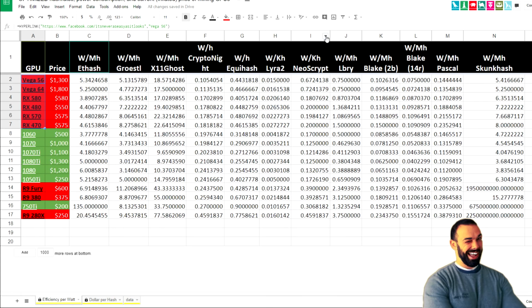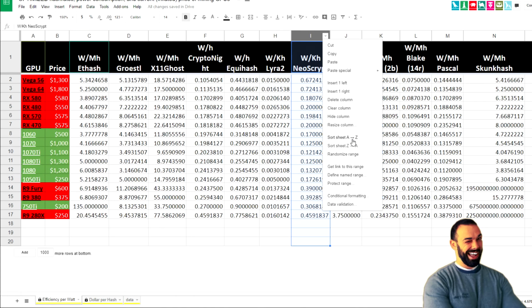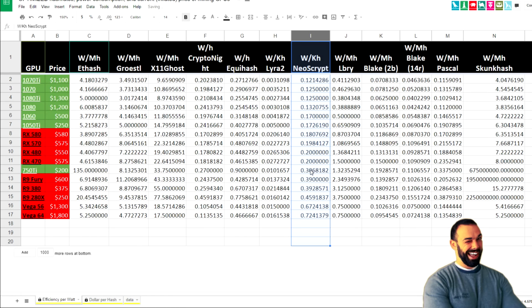So let's start with NeoScrypt and then make our way over in this list, in efficiency per watt. With NeoScrypt, I'm going to sort right there, A to Z. Again, different story. Price per watt per hash, rather watt per hash, is in favor of the 1070 Ti, or hashes per watt. Really, it's the same measurement, but flipped in a different way. So that efficiency works no matter which way you do the equation.